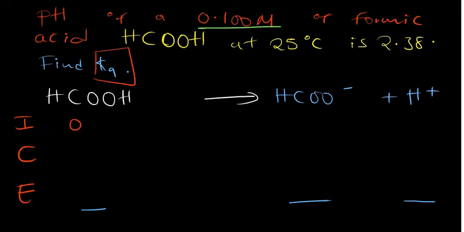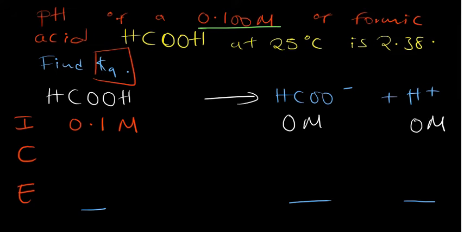Obviously at the start we didn't have anything on the other side, those are products. So we had 0 molar concentrations of the products. Now the question is, how are we going to find the equilibrium concentrations?